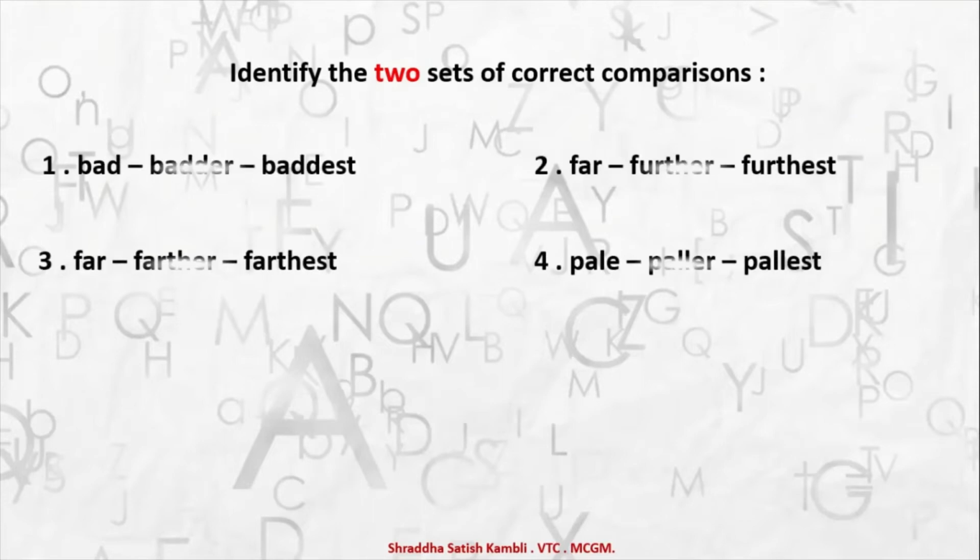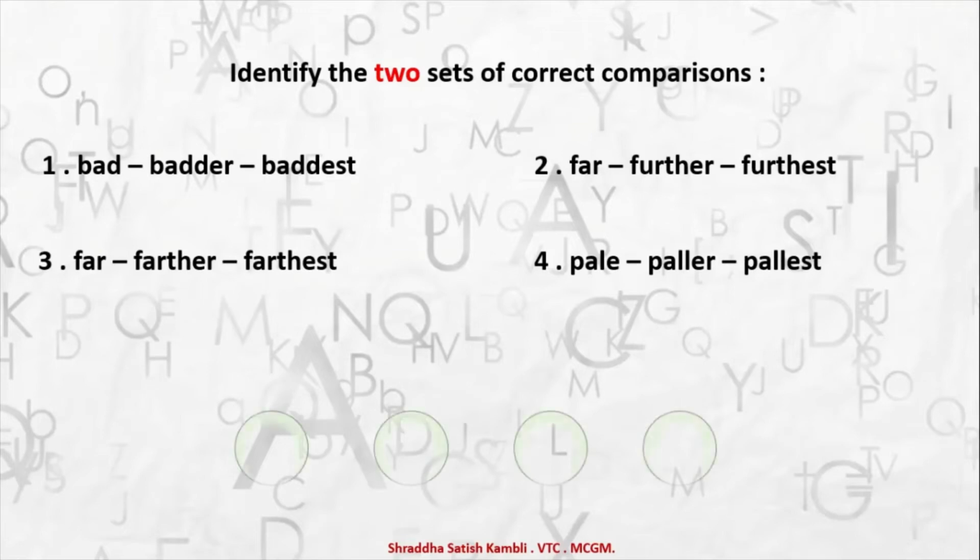Moving on to the next example in this pattern. Bad, badder, baddest. Far, further, furthest. Far, farther, farthest. Pale, polar, polished.